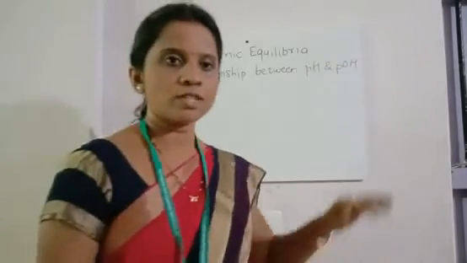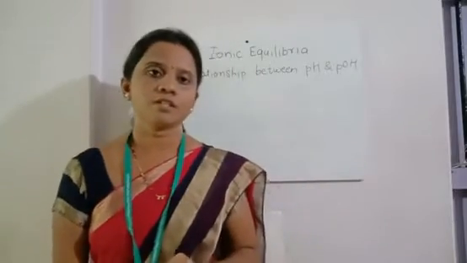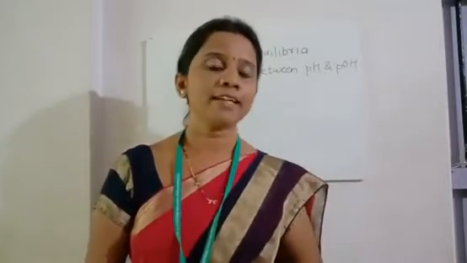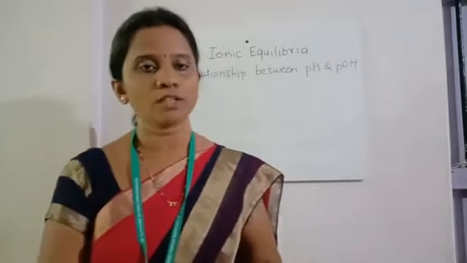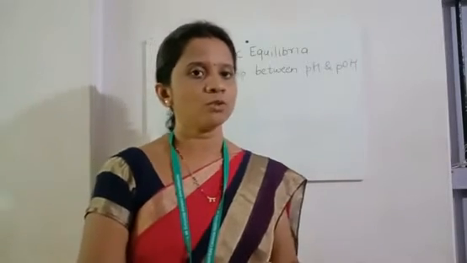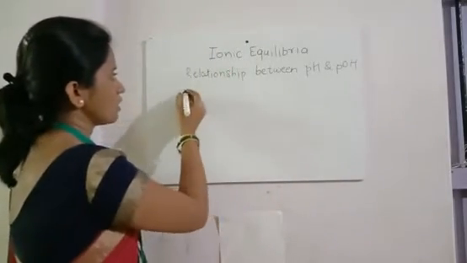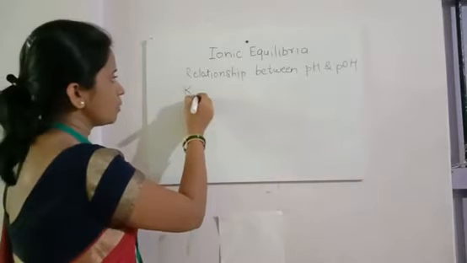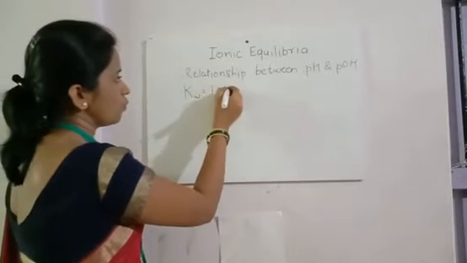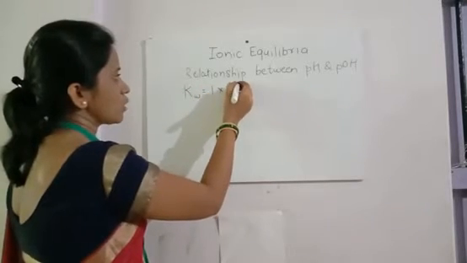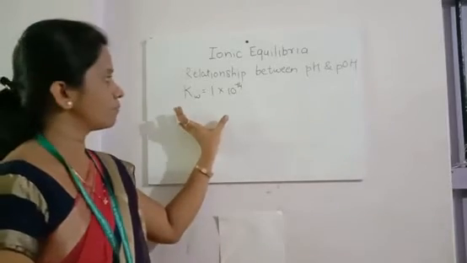Now, what is the relationship between pH and pOH? For finding this relationship, first we have to remember the value of the ionic product of water. The ionic product of water is 1 into 10 raised to minus 14. So first write down that expression: Kw is equal to 1 into 10 raised to minus 14.